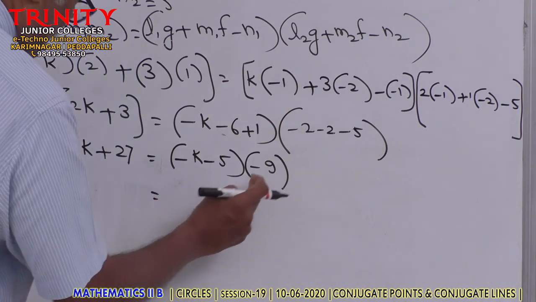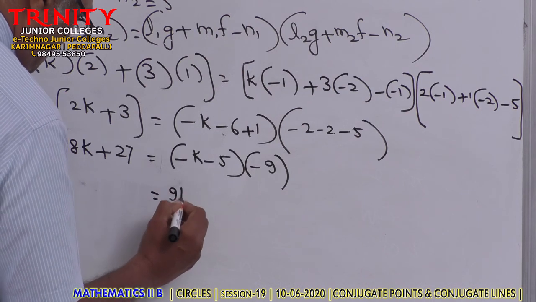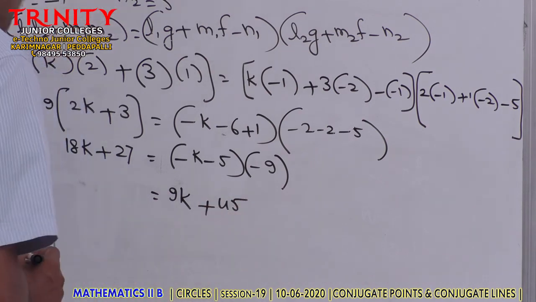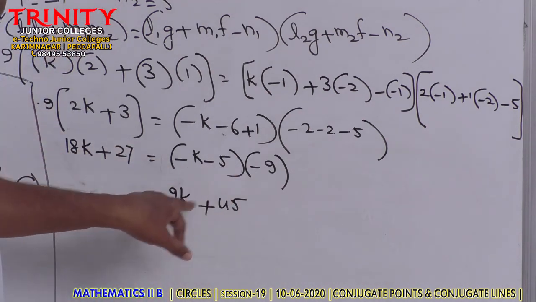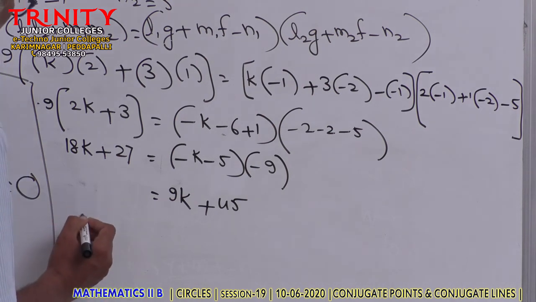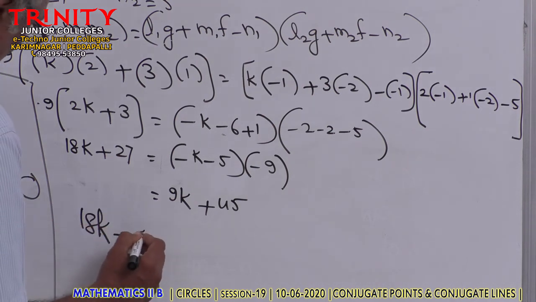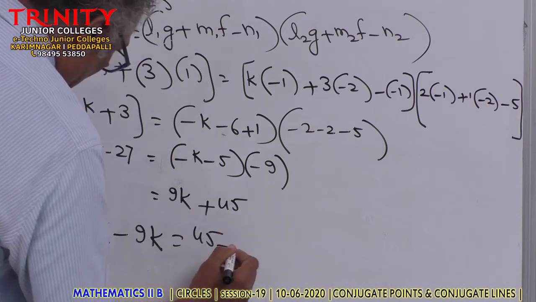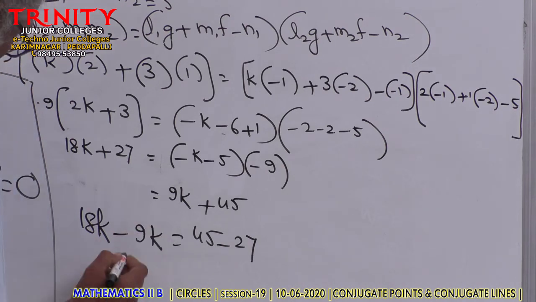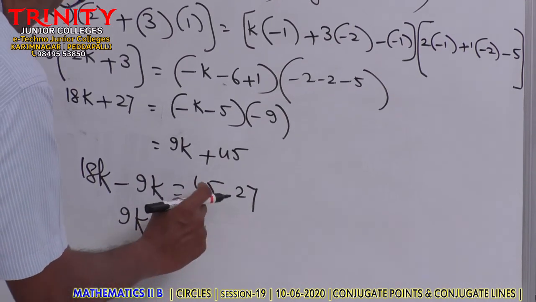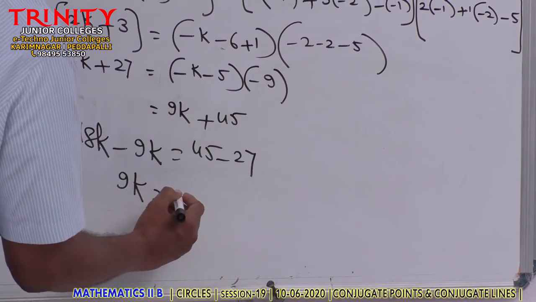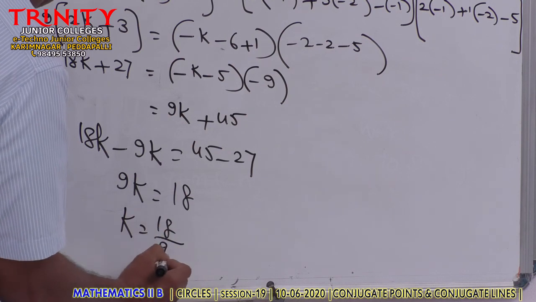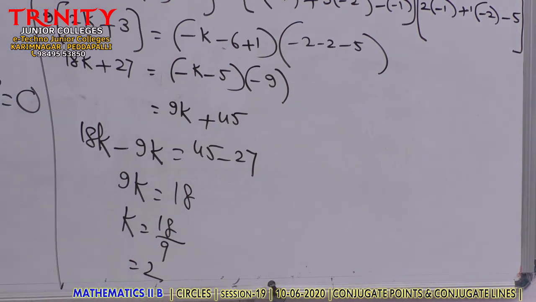Here it equals to minus into minus plus 9k plus 9 into 5, 45. 18k minus 9k equals to 45 minus 27. 9k equals 18, k is equal to 18 by 9, that is equal to 2.